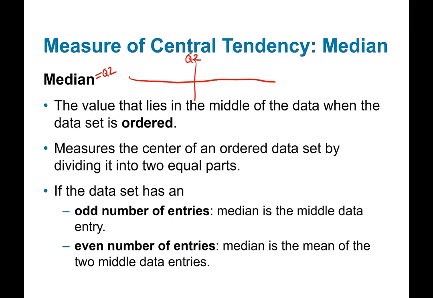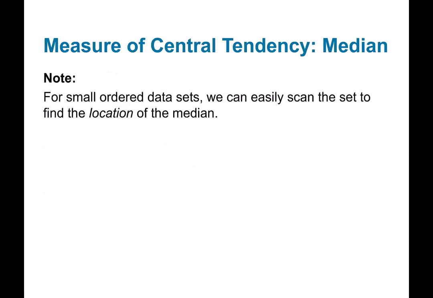This is because there is no one middle value, and so really what we're doing is finding the midpoint of the 2 middle values to find the exact middle of our data set. With an even number of entries, your median may or may not be a data value. If you have an odd number of entries, your median will always be one of your data values.